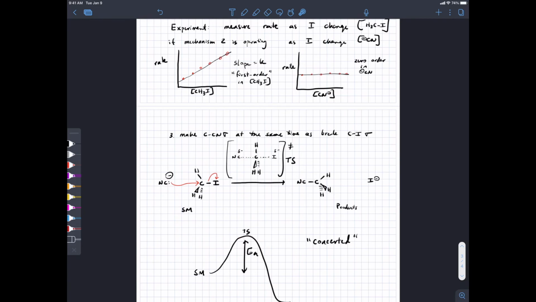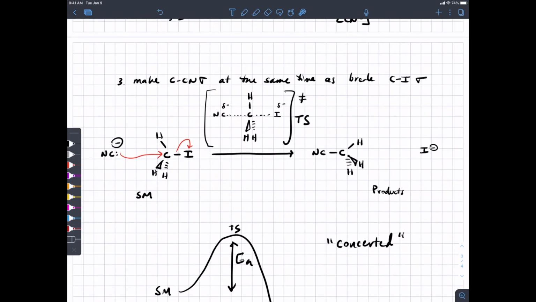Just a brief preview, nothing to worry about for this exam: if you start to add other alkyl groups here to make this carbon more sterically hindered, it gets harder and harder for the nucleophile to approach the methyl iodide, and that moves this transition state higher in energy.